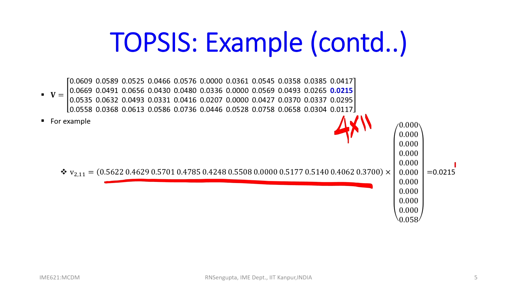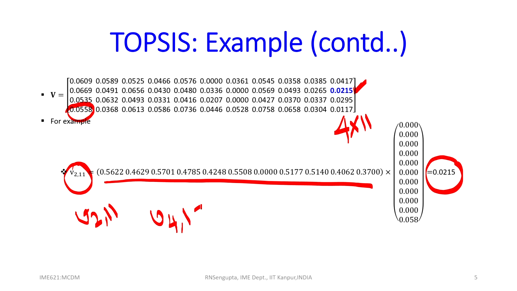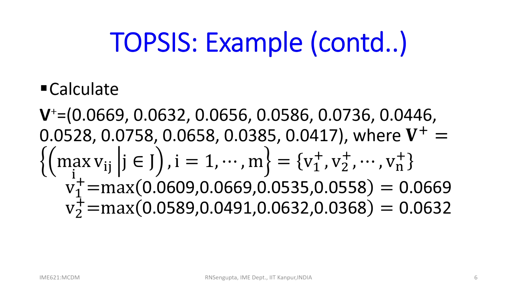One value specifically pointed out here is 0.021, which is the second row and the 11th column, so it is mentioned as V 2 comma 11. Similarly, V 4 1 is 0.0558. So, they have been calculated. Now, once we calculate, I try to find the max value and the minimum value.